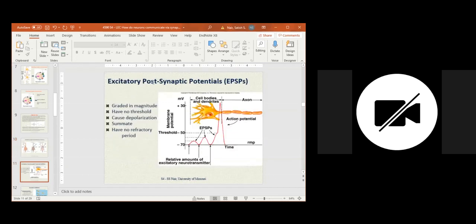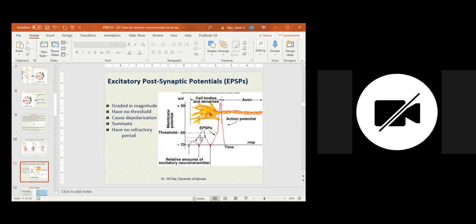Now, excitatory postsynaptic potential, which I mentioned a little bit, is graded in magnitude, has no threshold, causes depolarization, sums, and has no refractory period. So if very little neurotransmitter is released, it'll be small, and it's possible they may sum across many synapses together.